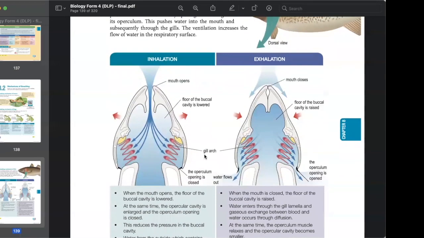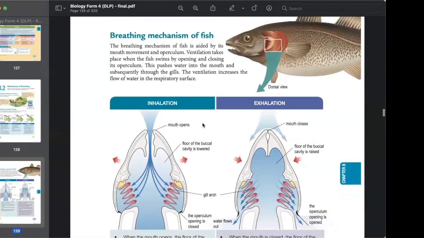So this will reduce the pressure in the buccal cavity. When the mouth opens, the buccal cavity is lowered and the operculum is closed, so the pressure in the buccal cavity is lowered.